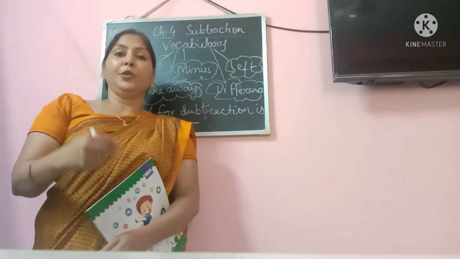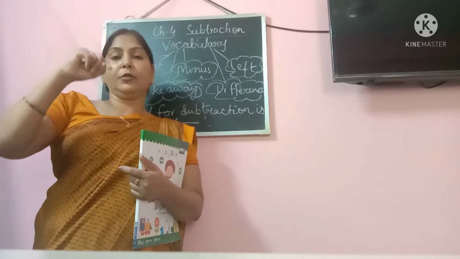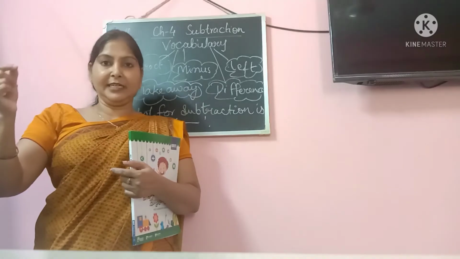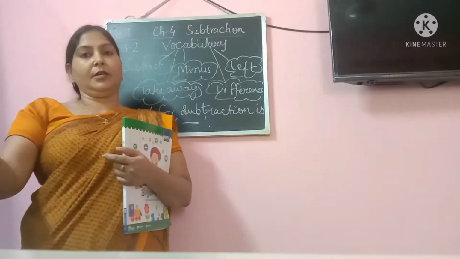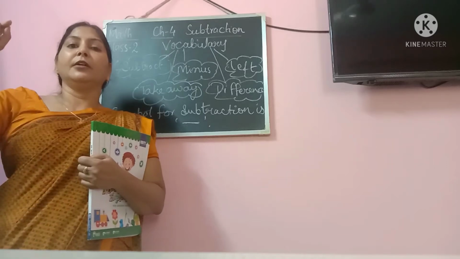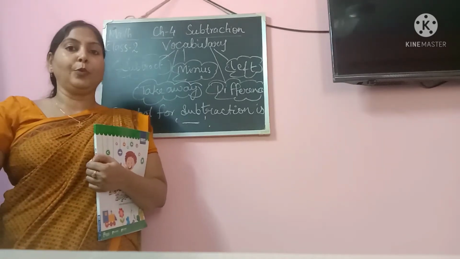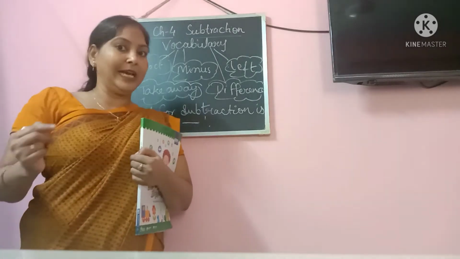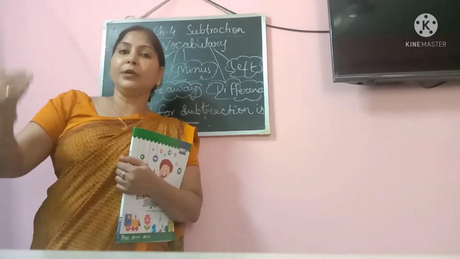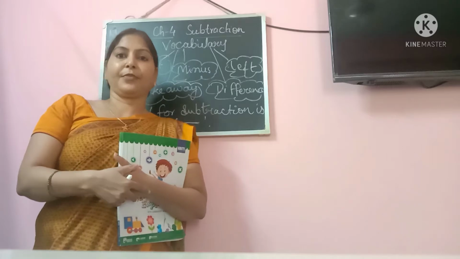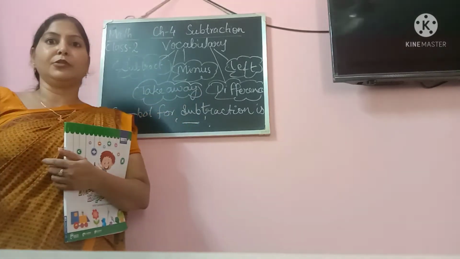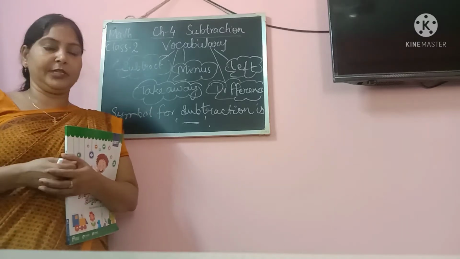During that time, you have either done it by standing lines, and you have cancelled the number of lines of the number which you are supposed to subtract from, like 8. Then from 8 you are subtracting 2. So you have cancelled 2 lines, and the remaining lines that are left, you count and write the answer. Okay. And moreover, you must have also learned subtraction of 2-digit numbers.